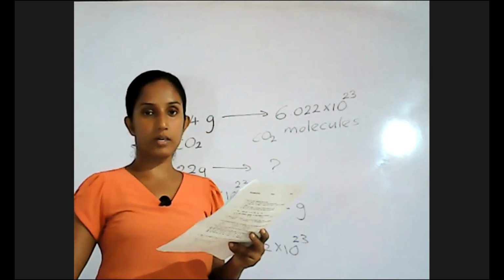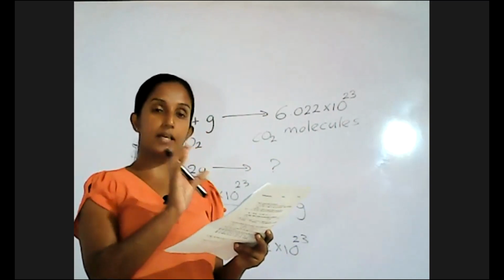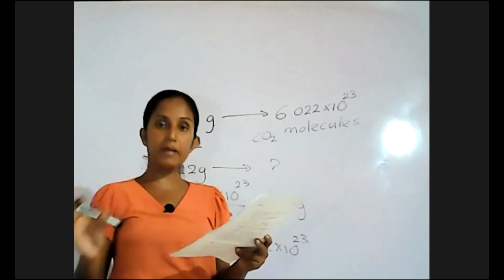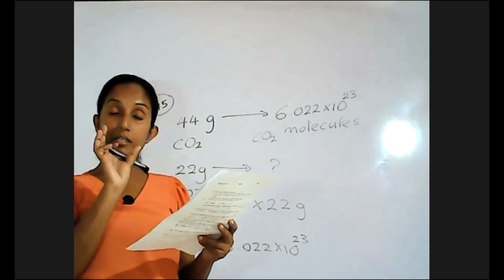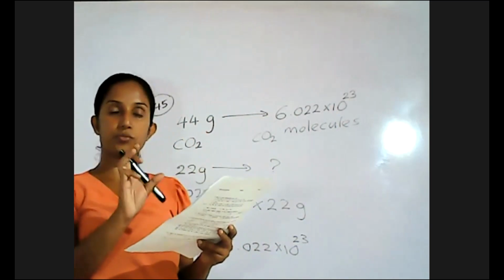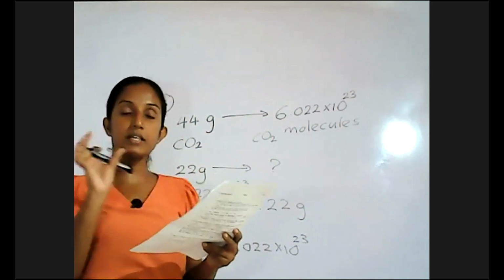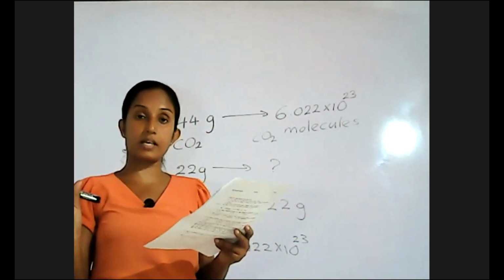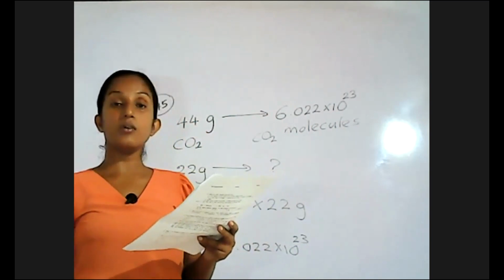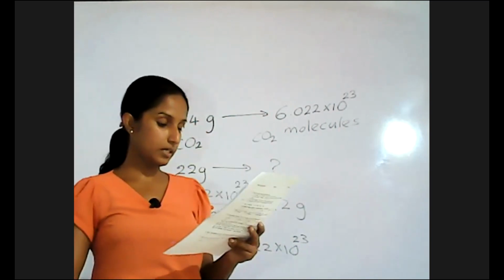Fourth one. Both iron nail and iron wool are the same element, same metal. But the difference is the physical nature. Iron wool and iron nail, the physical nature is different, the surface area. So the answer is the fourth one.